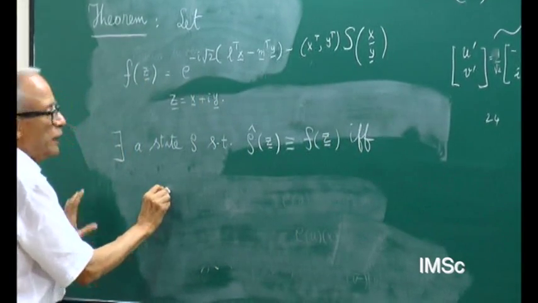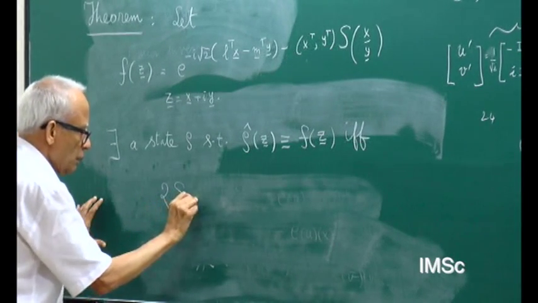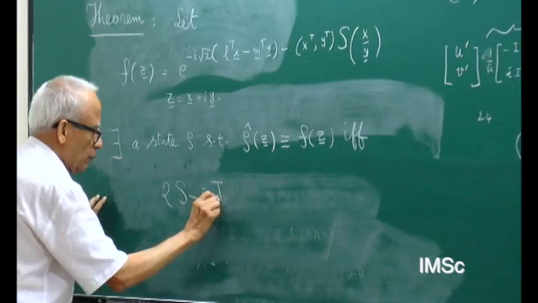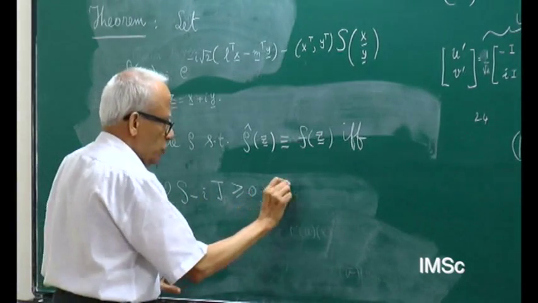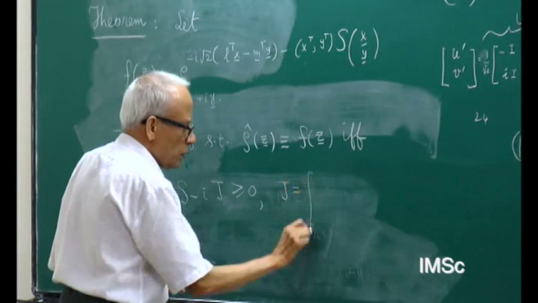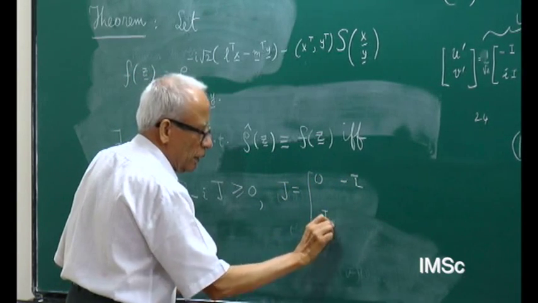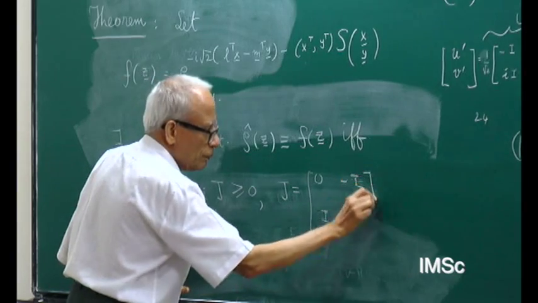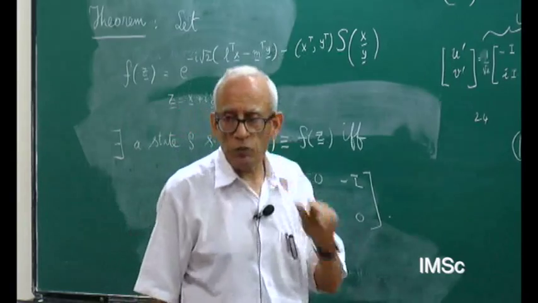the following matrix inequality holds: 2S minus iJ greater than or equal to 0, with J equal to the matrix 0, minus I, I, 0. This matrix inequality should be fulfilled.